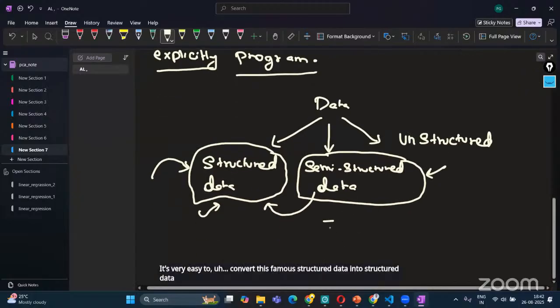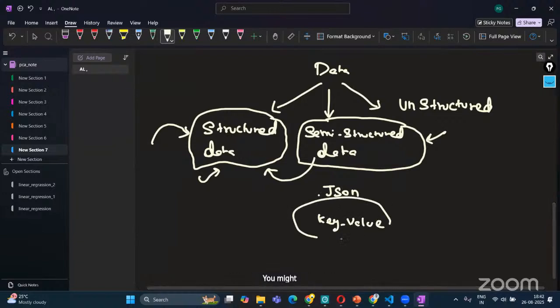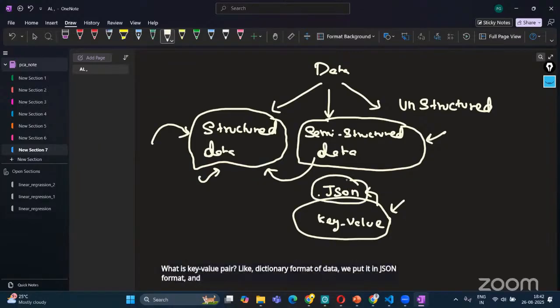For example, JSON data, in the form of key-value pairs. You might have studied it in your Python session. What is a key-value pair? Like a dictionary format of data, we put it in JSON format, and it's very easy to convert this JSON format into a structured form.